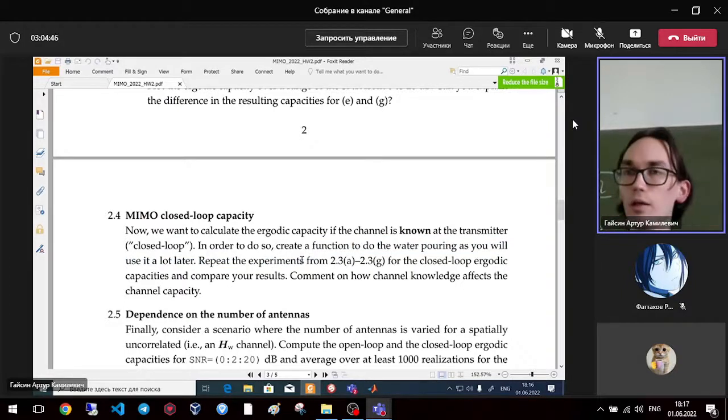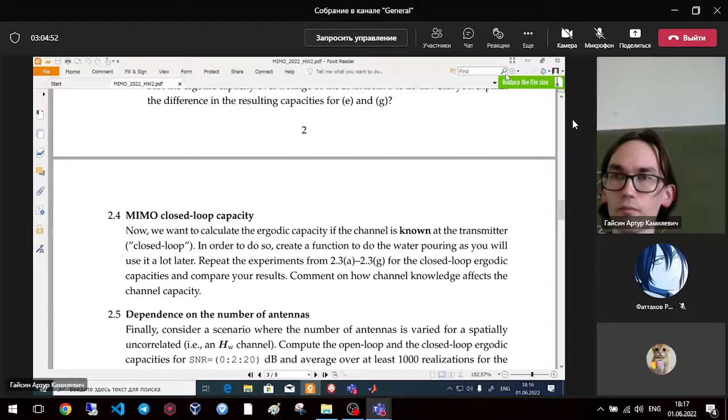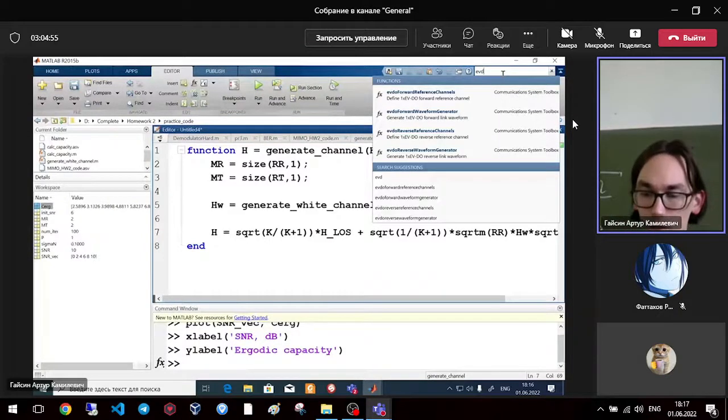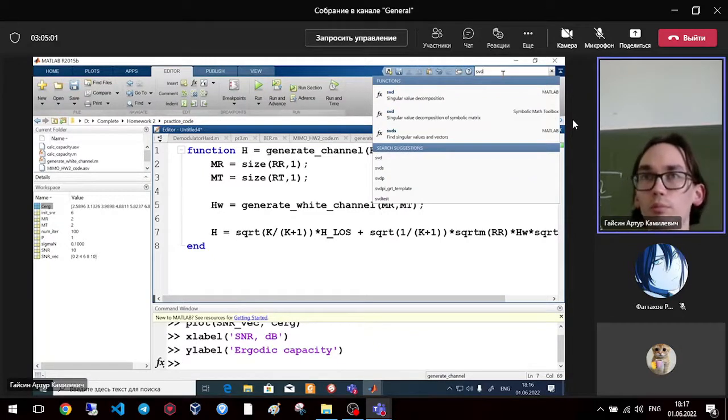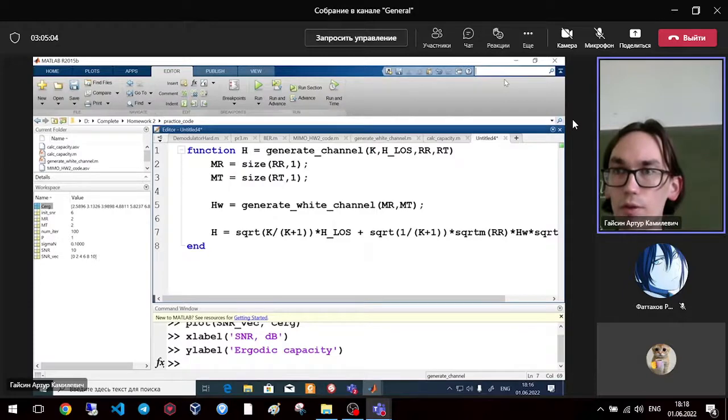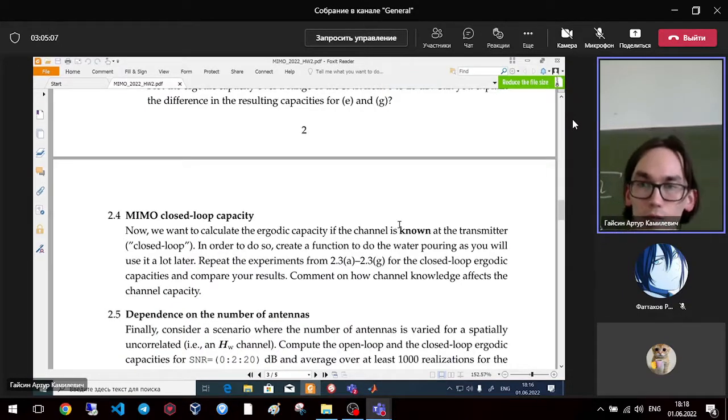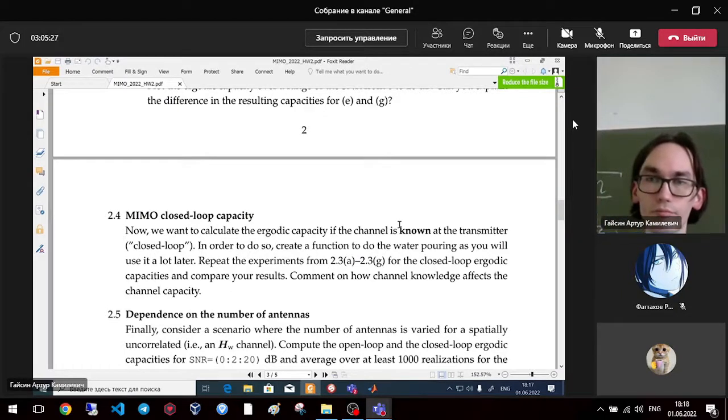Then you can calculate it using EVD if you have this library, but I think we have no this library here. Of course, you just can use SVD, take the square of it, some water pouring algorithm scheme, so it is iterative thing. Then if you see negative value, you switch it off one more time, check it, and if you see that all values are greater than or equal to 0, you can break this function.